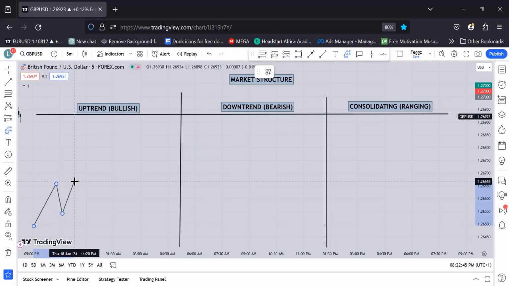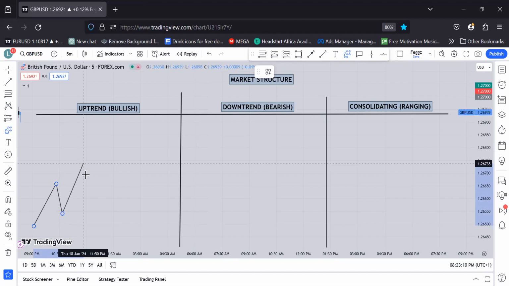When it is going up and you notice that it is higher than the previous high, do you get it? When it now goes above the previous high, you can tell yourself, okay, this is a confirmation that it's an uptrend.